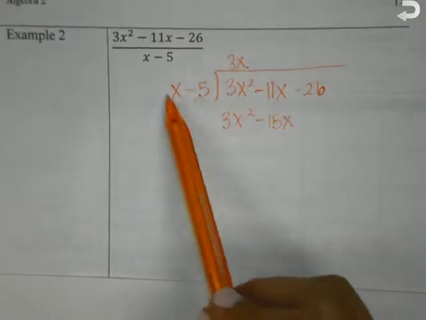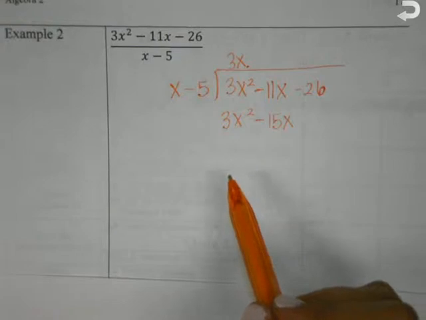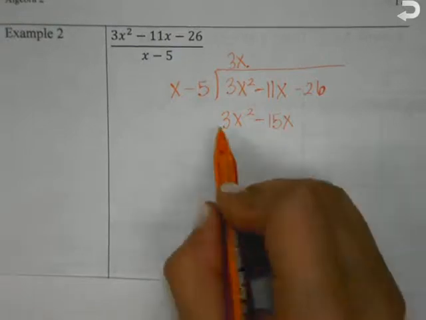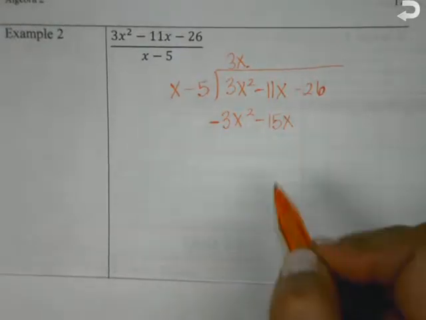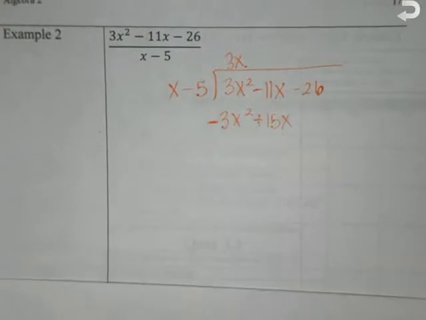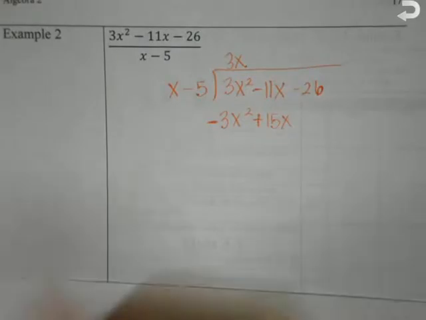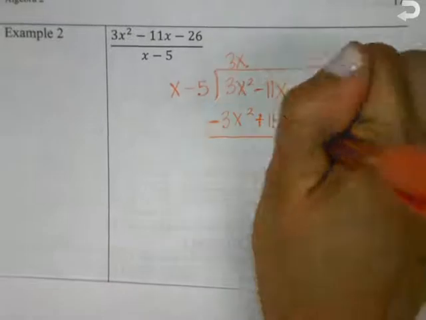So this becomes a negative 3x squared, and negative 15x becomes positive 15x. Okay, 3x squared minus 3x squared turns into 0.